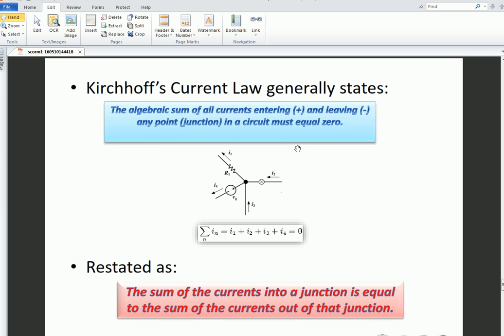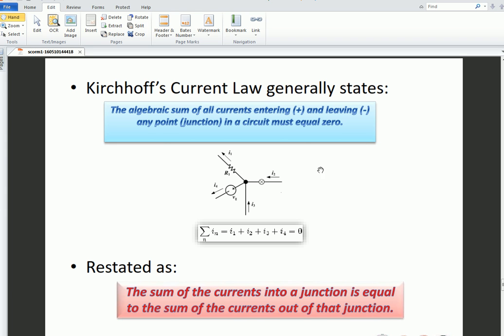Similarly, if the currents entering a junction are taken as negative, then the currents leaving the junction would be taken as positive. In this example we have four currents, I1, I2, I3 and I4. The currents entering are I2 and I3, whereas I1 and I4 are leaving the junction.